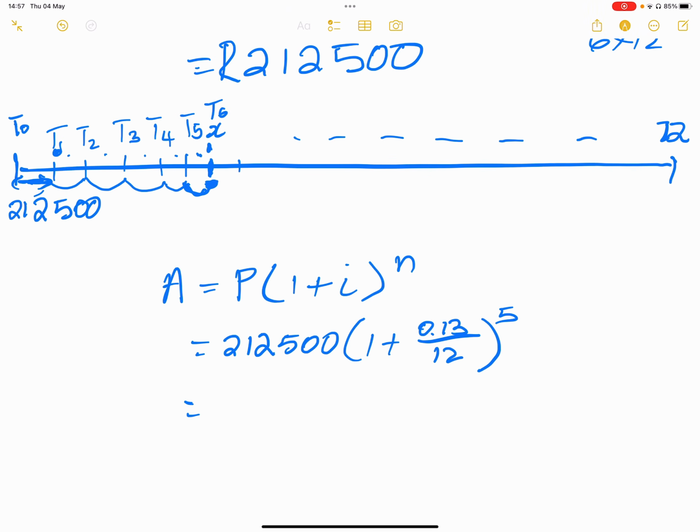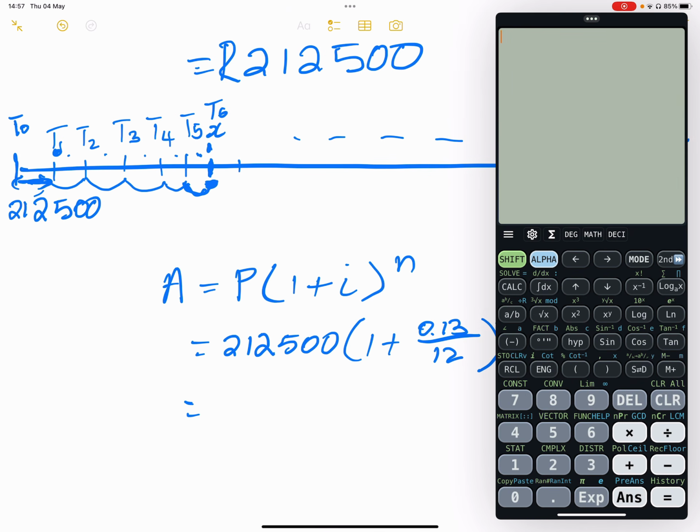Right, so this loan will accumulate. Okay, let's find out that amount, 212,500, into 1 plus 0.13, divide by 12, and in this case we're going to say y to the power x, 5.